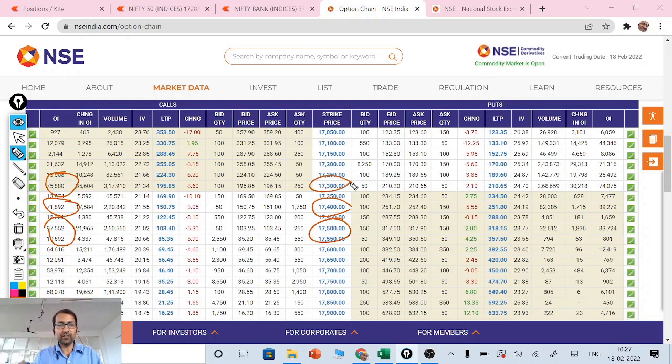So 17,300 is the first resistance, 17,400 is the second, and 17,500 is the third. On the lower side, hardly any support till 17,000.